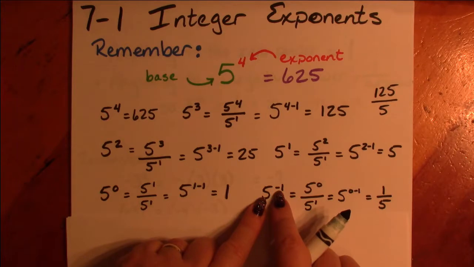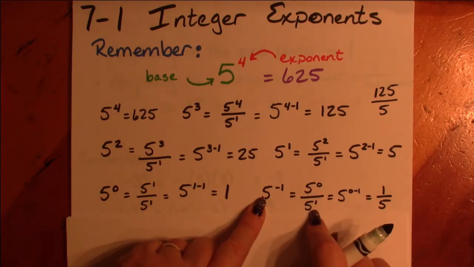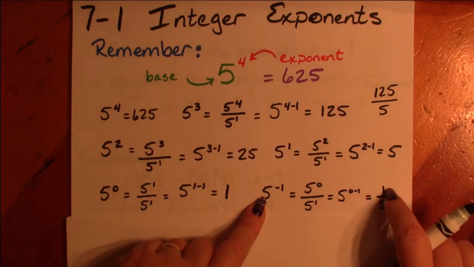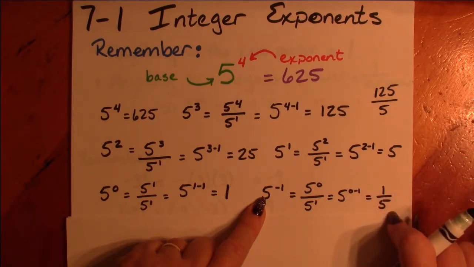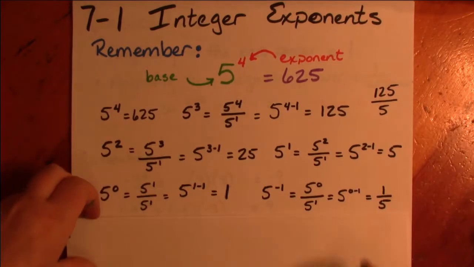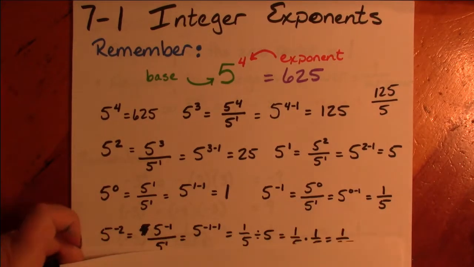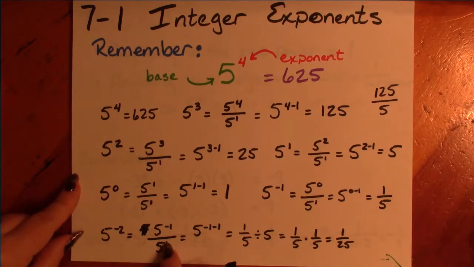5 to the negative 1 is 5 to the 0 divided by 5. Now 5 to the 0 is 1, and 1 divided by 5 is 1/5. And we can keep going with this. 5 to the negative 2 is 5 to the negative 1 divided by 5.